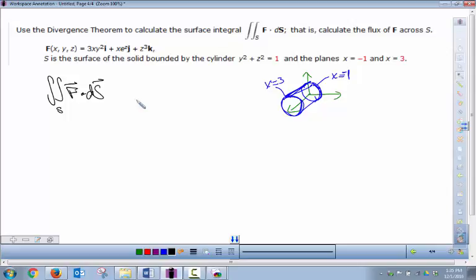You would need 3 surface integrals. So you would need the surface integral for the first surface, maybe the front face, and then the back face over here, and then the cylinder itself. And so you would need to compute 3 surface integrals.